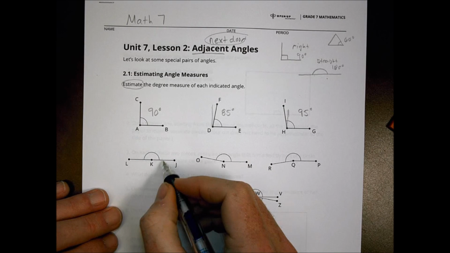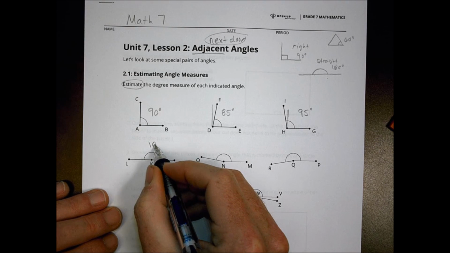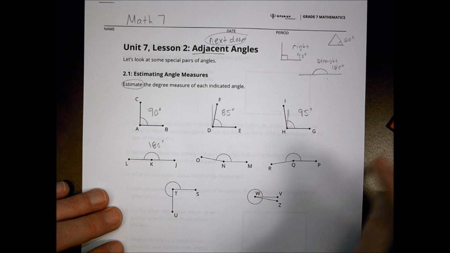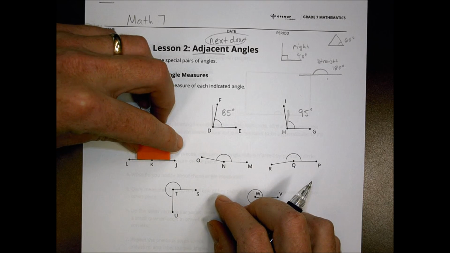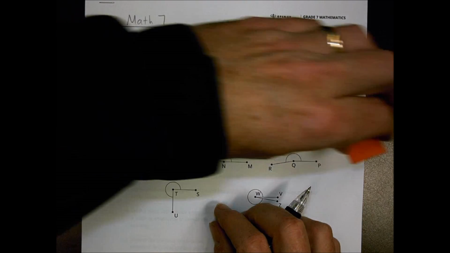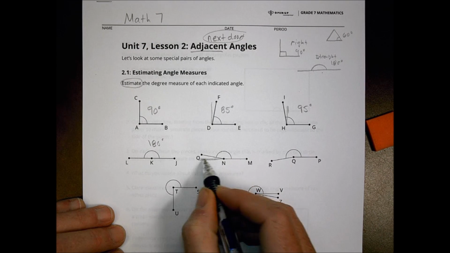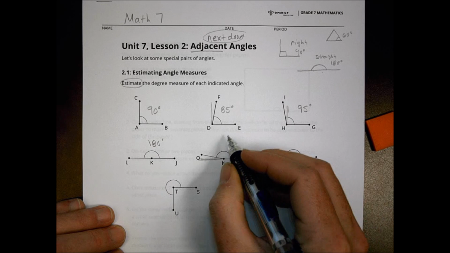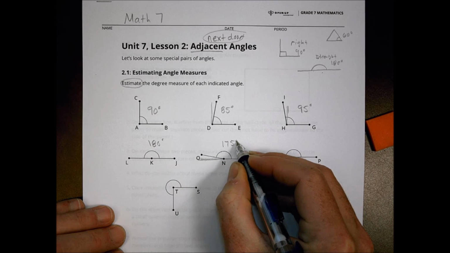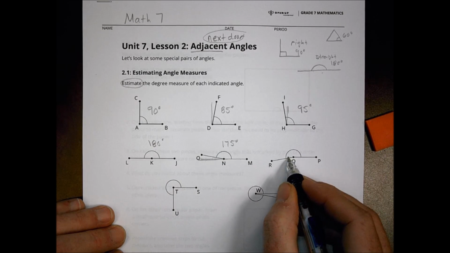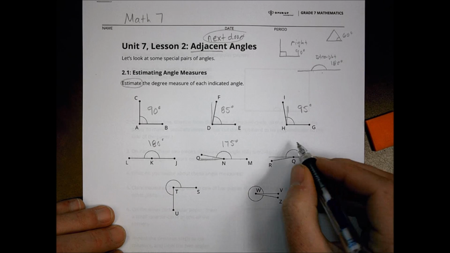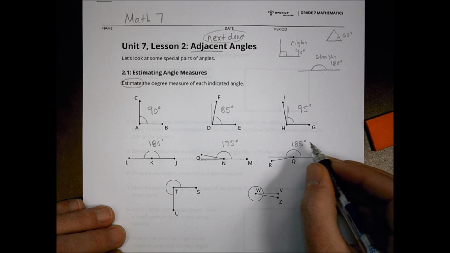This one looks like about our 180 degrees. I have to check that with the bottom of a square because that's a straight line. Yep, sure is. Here, we are a little less than that. So if my straight line went this way, we're taking away from 180. Let's just take away 5 again, 175 degrees. And here, probably adding back the 5, so maybe 185 degrees.